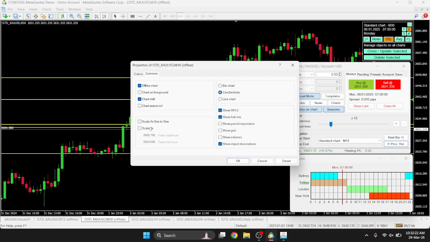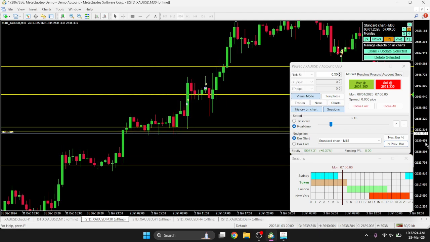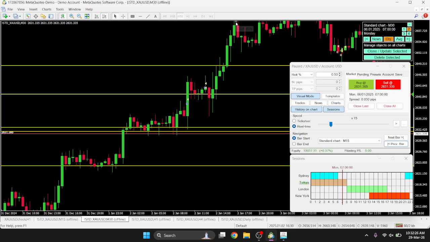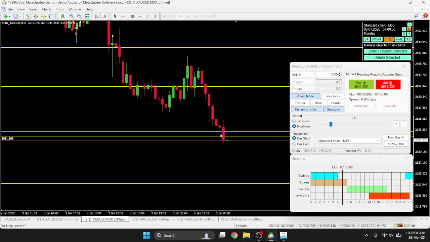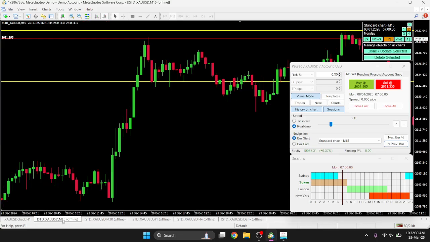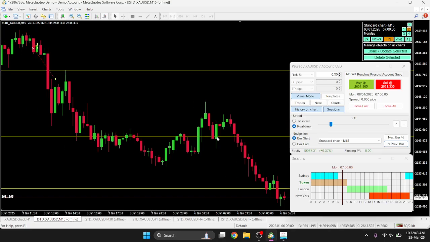We are looking here that the market already closed below both supports, and created a bullish candle. So let's move towards 15 minutes. In 15 minutes, what is happening here?